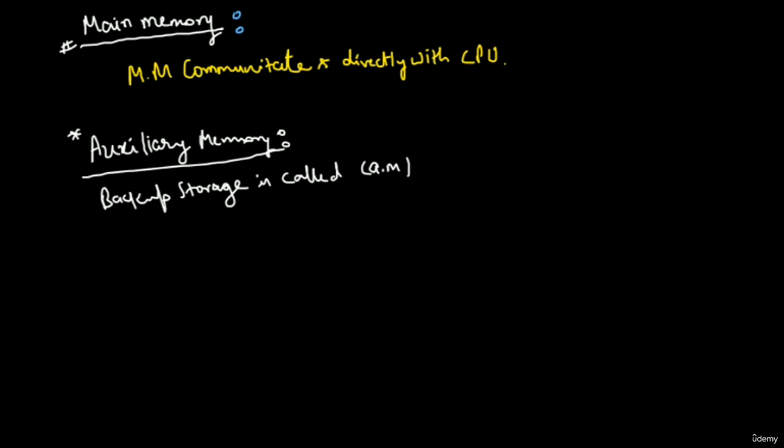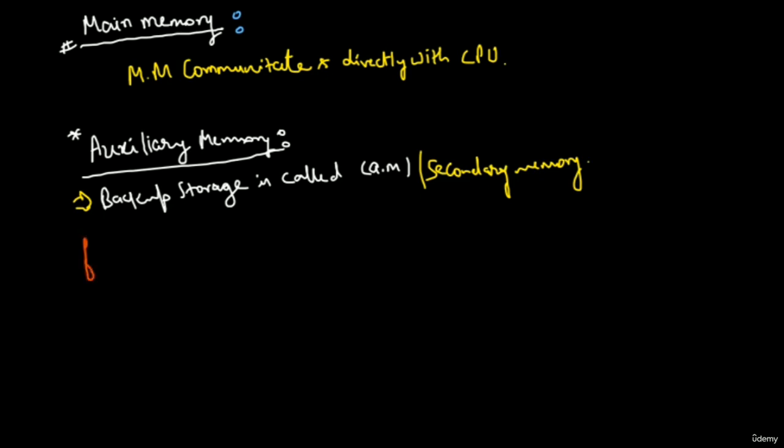Let's discuss a few of its features too. Auxiliary memory is sometimes also called secondary memory, because there also we can store our backup files and all those things.